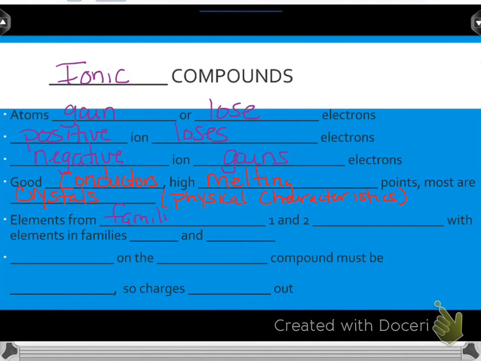Elements from families 1 and 2 will combine the best or most often with elements in families 16 and 17. We'll talk about that in a minute.